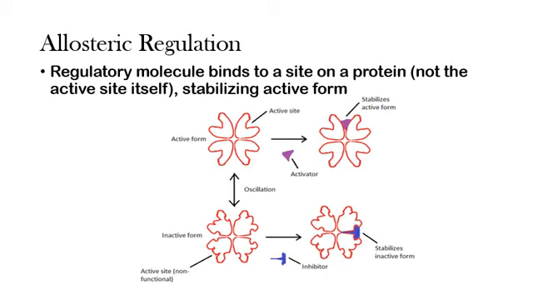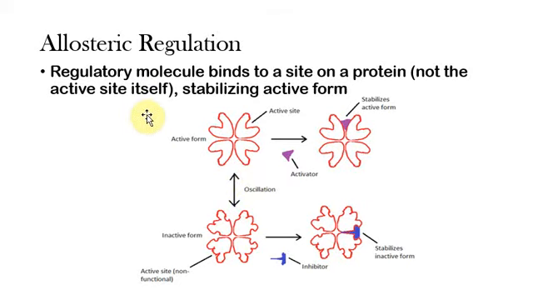Now, there's also a type of regulation called allosteric regulation. What you have to know for allosteric regulation is that essentially every protein, or almost every protein, has two or more different forms, and it'll constantly switch back and forth between those different shapes.